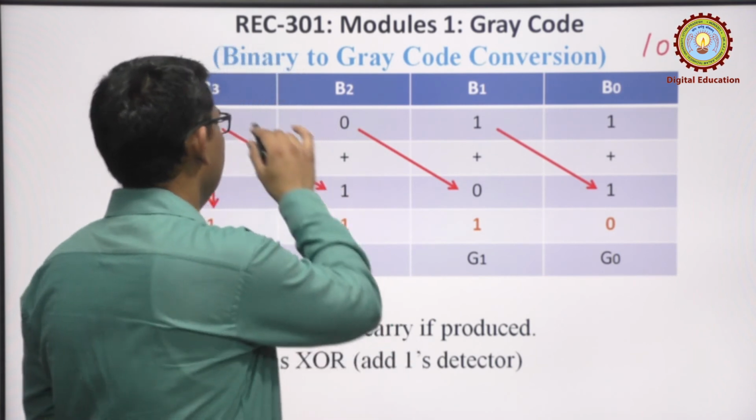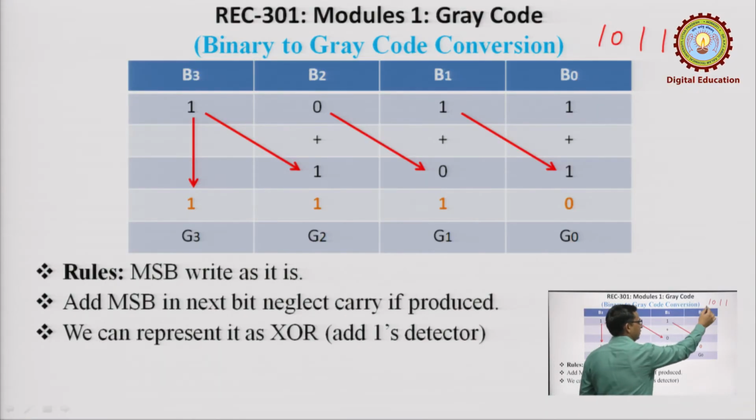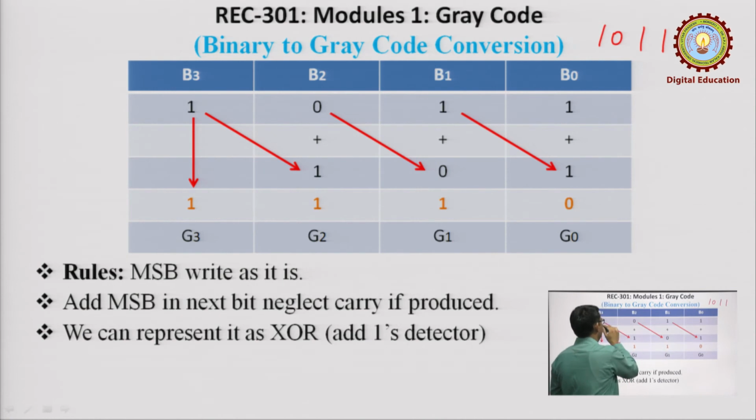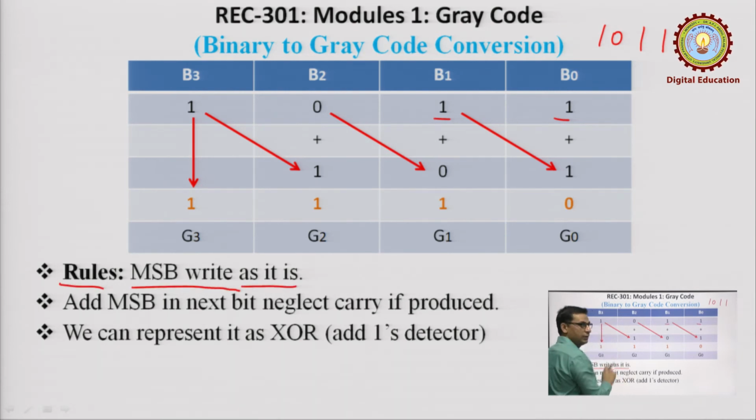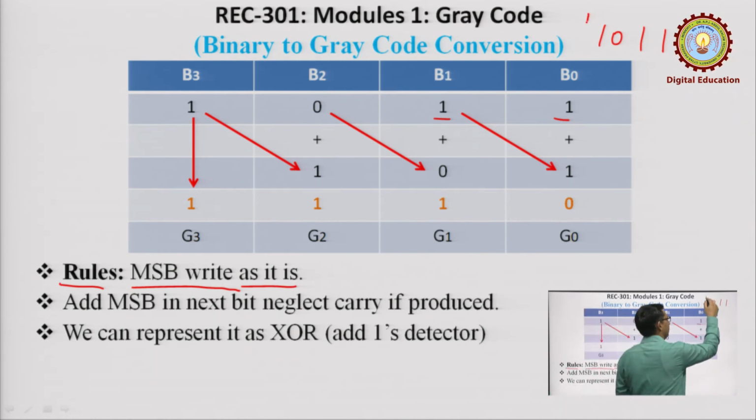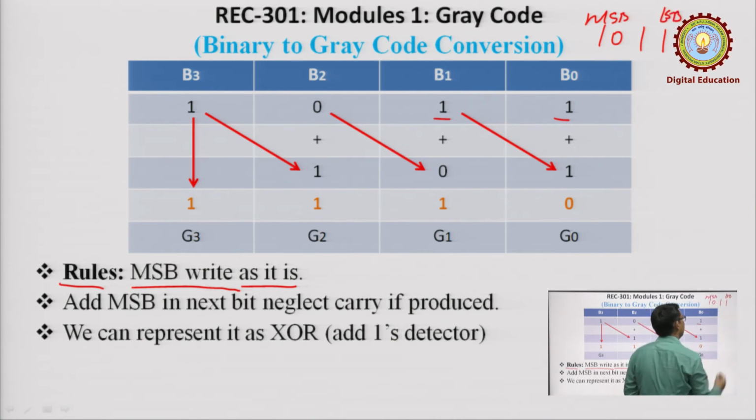First of all we will write down this number 1 0 1 0 1 1. Okay. For rule number 1, the MSB is written as it is, which means we will not make any change in the MSB, the most significant bit, and this is the LSB. Okay.